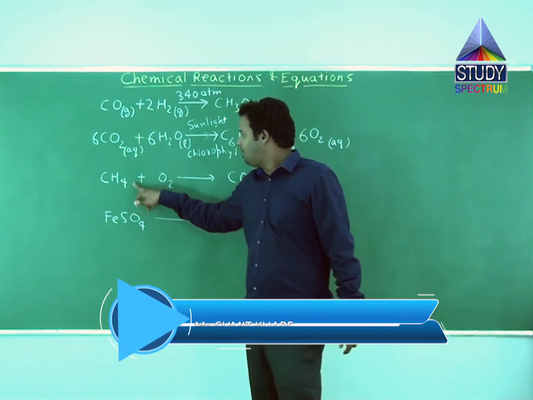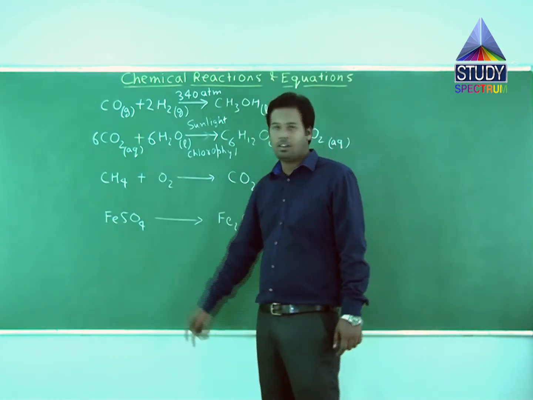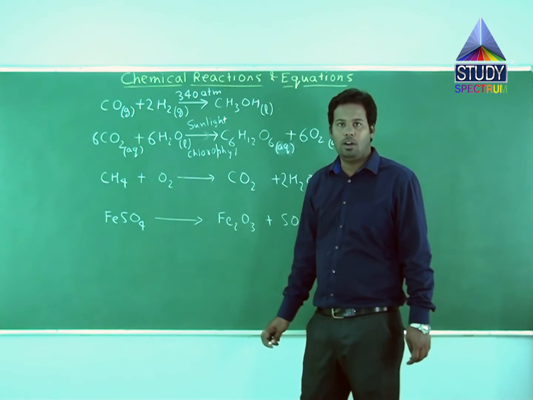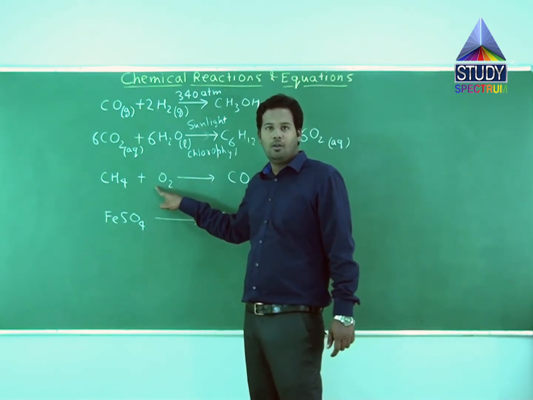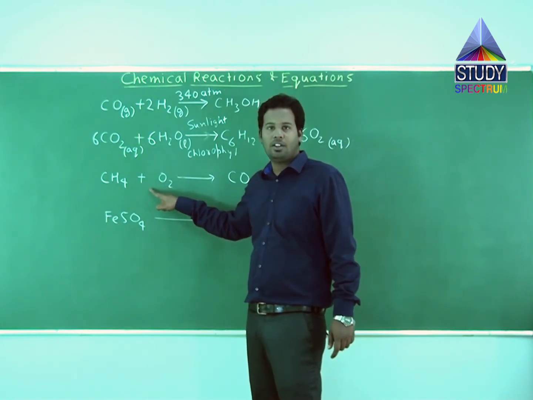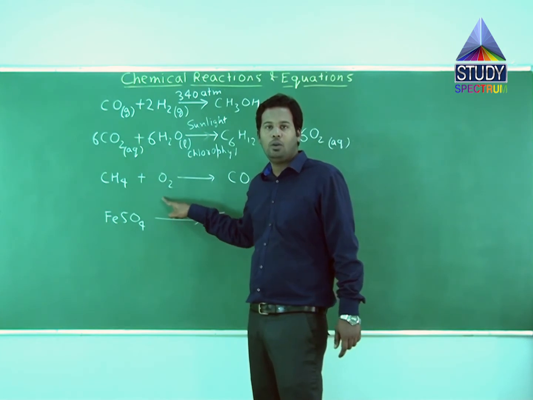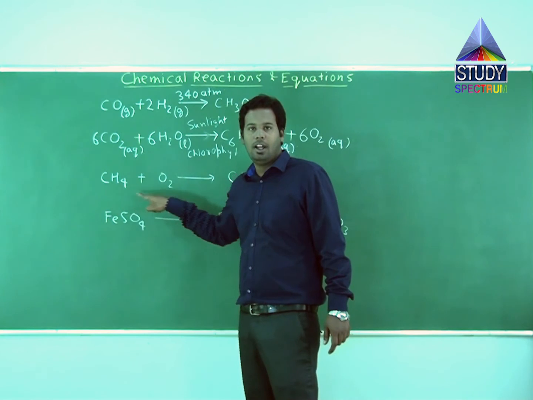If you see, the first reactant does not contain oxygen, but the second reactant contains oxygen as it is an oxygen molecule itself. The stoichiometric coefficient of oxygen here is 1 since nothing has been written. Suffix is 2, it means the number of oxygen atoms in this molecule will be 1 into 2, that is 2. So there are 2 oxygen atoms in LHS.